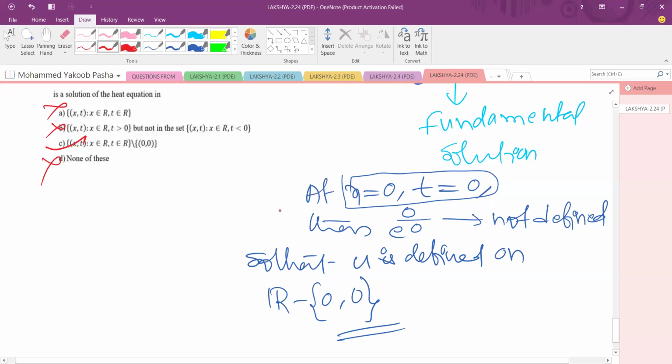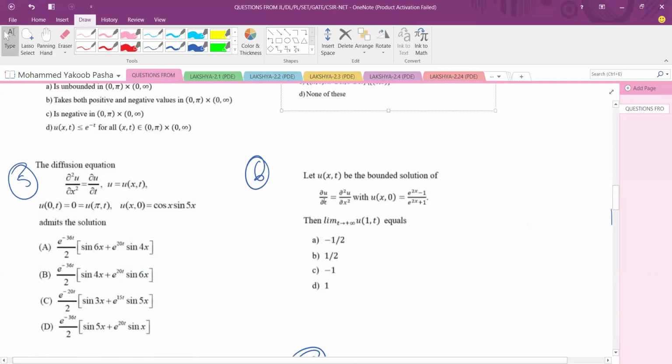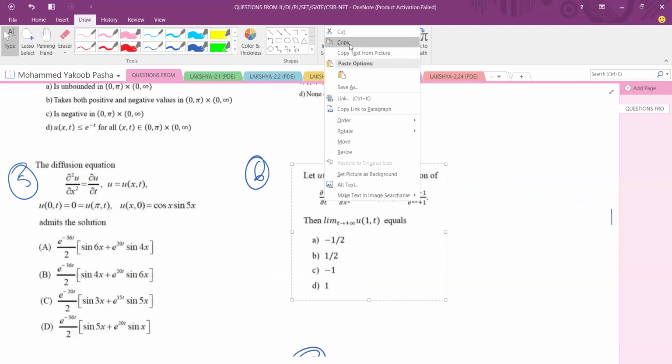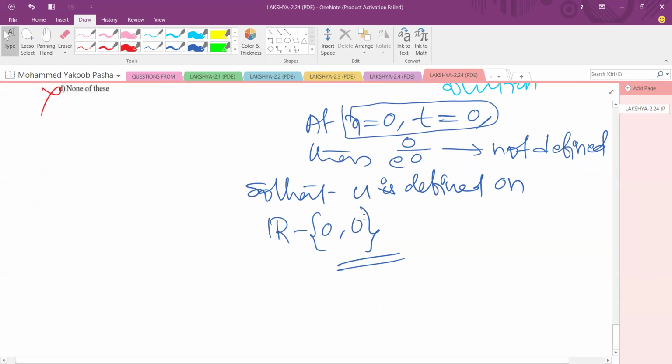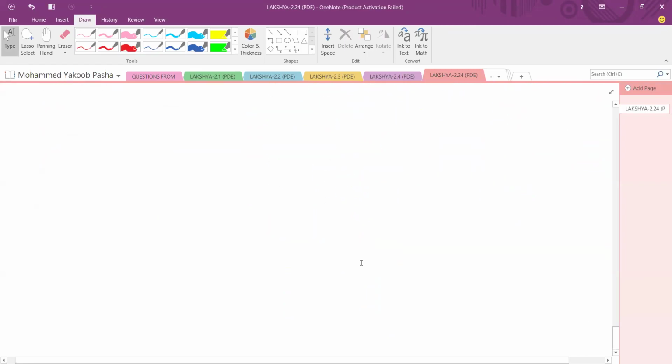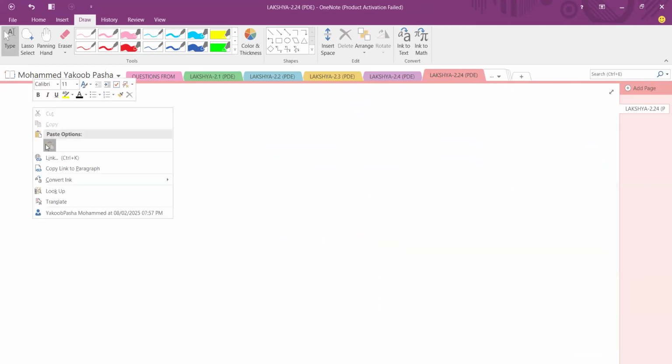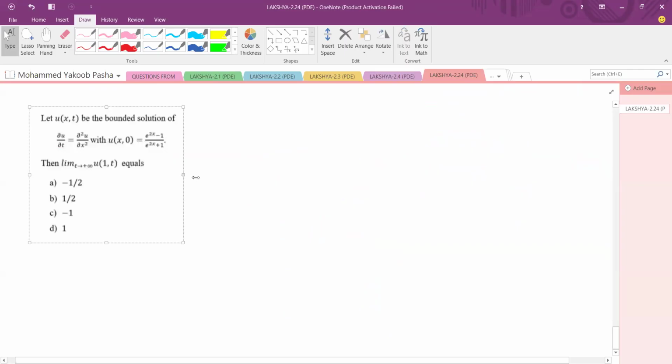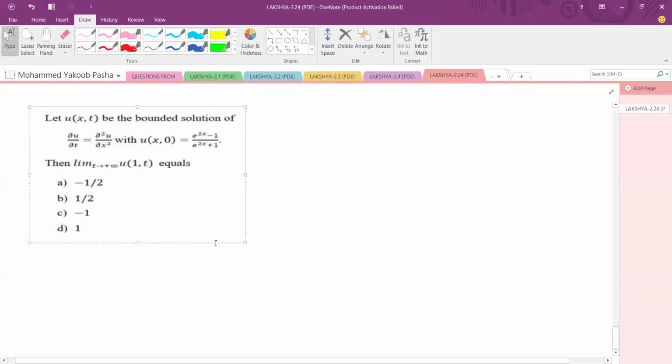Okay. Now I'm taking another problem, problem number 6. Let u of x comma t be the bounded solution of dou u by dou t is equal to dou square u by dou x square, with u of x comma 0 is equal to e power 2x minus 1 by e power 2x plus 1.